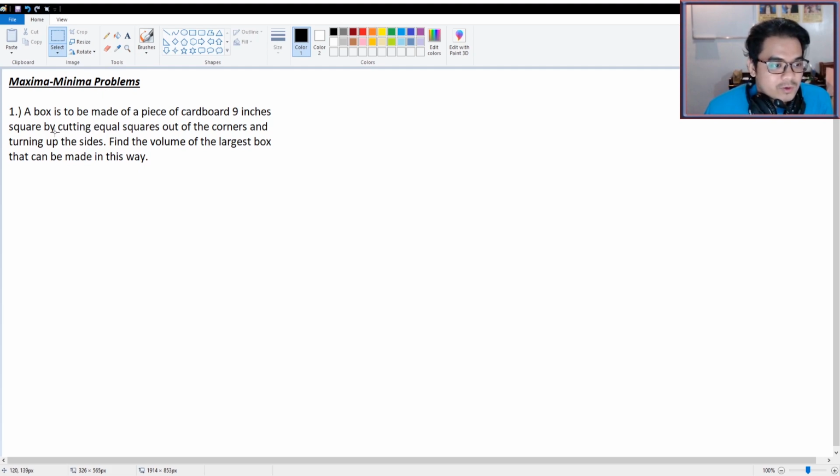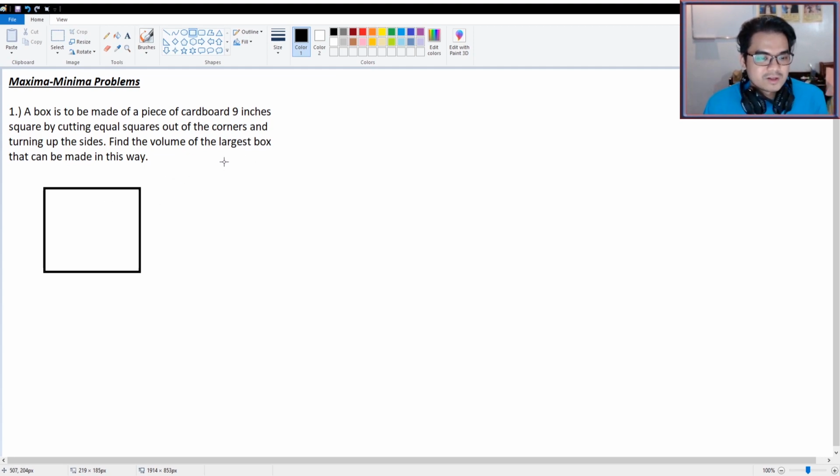So we will have a square cardboard, and each side will be 9 inches in length. If that is a square, therefore all sides are equal. Let's say this is our cardboard, and out of this square cardboard you have to make a box.